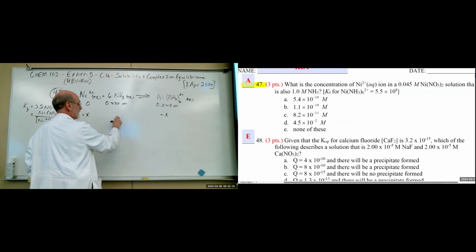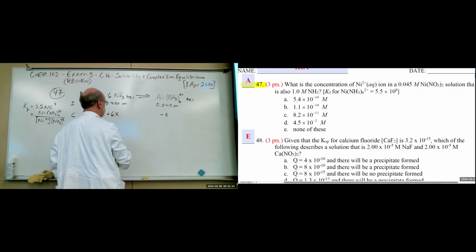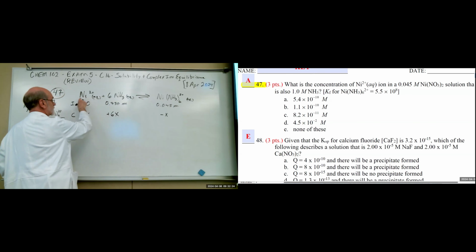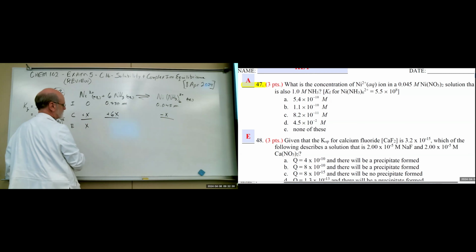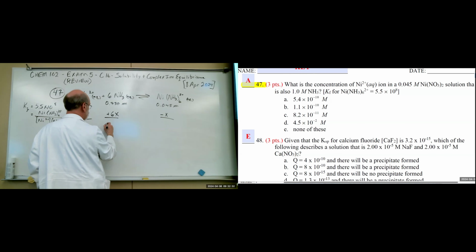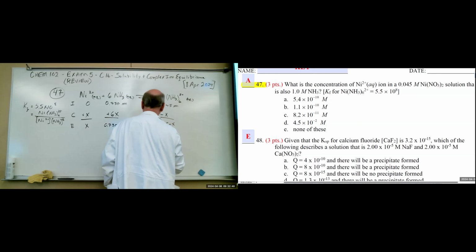How about this one? If that one loses some, we're going to add 6 of these because the ratio is 1 to 6. Now at equilibrium, we have X here. We have 0.730 plus 6X. And here we have 0.045 minus X.